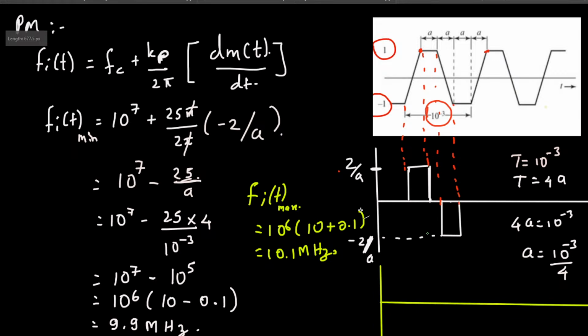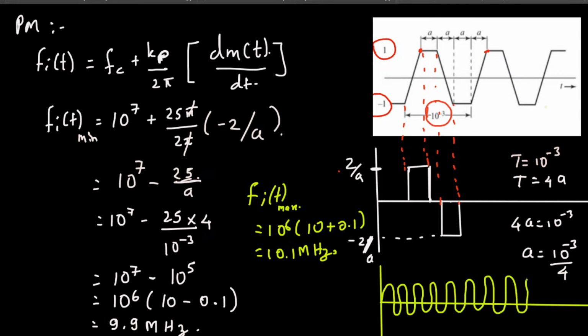Okay, so this again is going to be a repeating wave pattern. This is for the PM, and we have to look at each interval. At this interval there's nothing, so this is just the carrier frequency, FC.